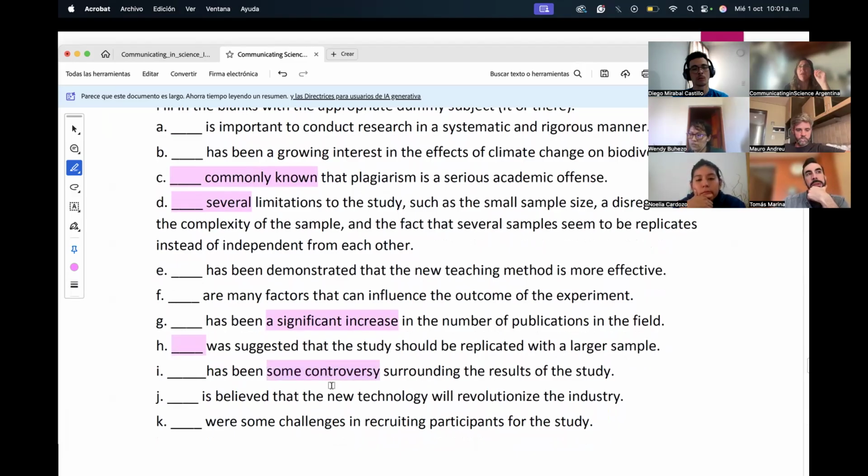If you can put "de" or "a" in front of a word and it sounds good, that means that word is a noun, it's a thing. In this case, I can say "the controversy" and it sounds okay. So we have controversy as our noun. So what should I put here, there or it?